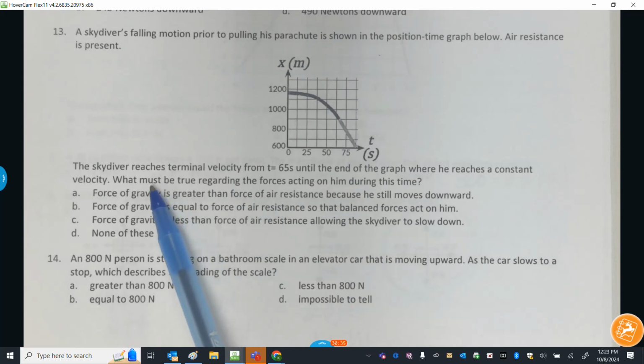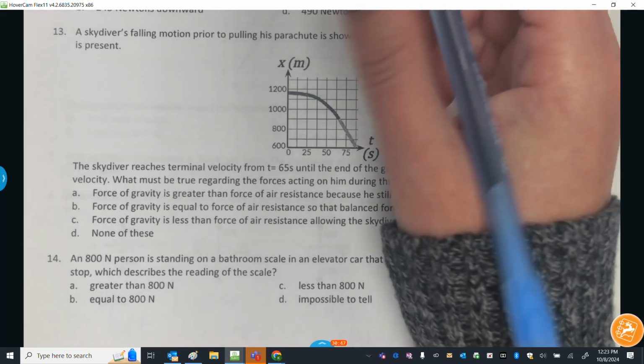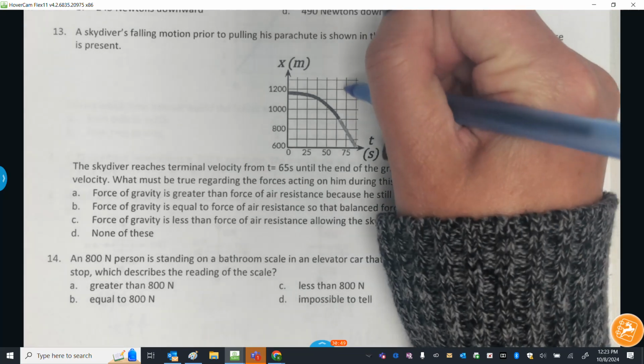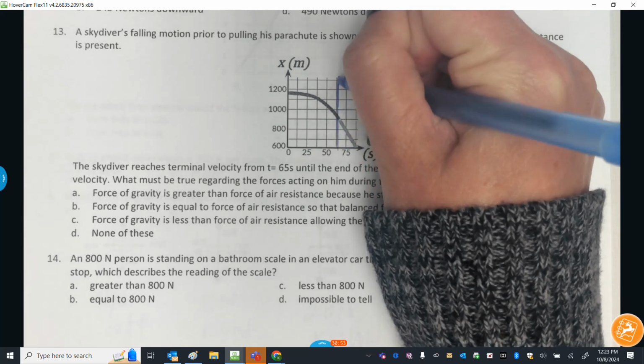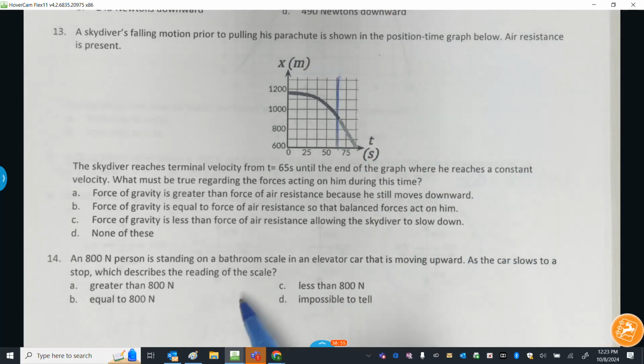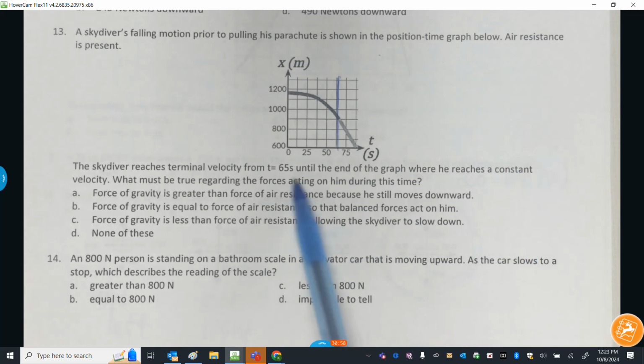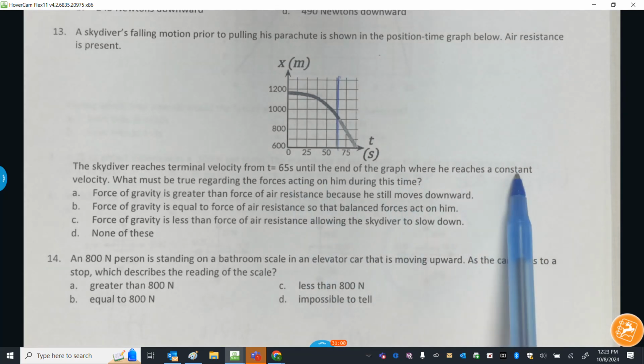It says, a skydiver's falling motion prior to pulling his parachute is shown in the position-time graph below. Air resistance is present. The skydiver reaches terminal velocity from a time of 65 seconds, somewhere in here, until the end of the graph where he reaches a constant velocity.